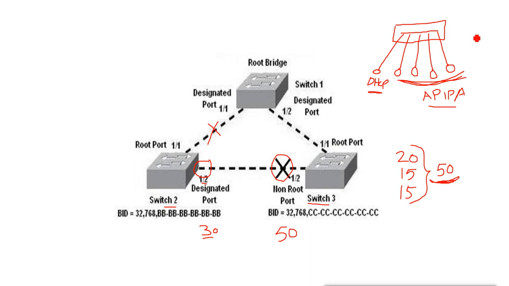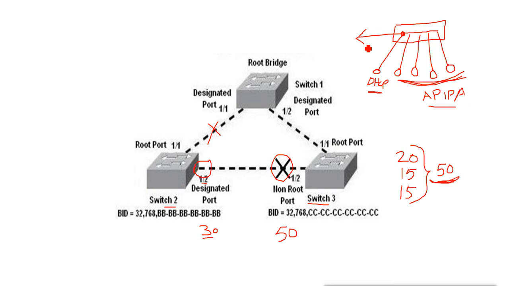For that kind of reason, we can take the port which is connected to some kind of server or some important machine, and instead of disabling STP, we can configure this port as a PortFast port. So what will PortFast do?